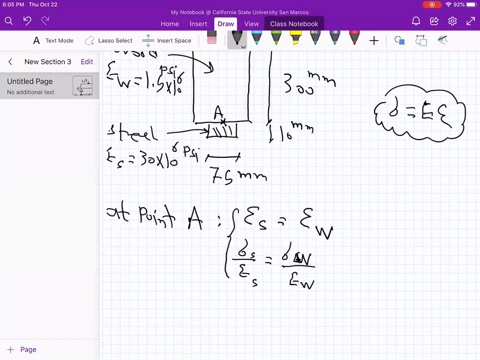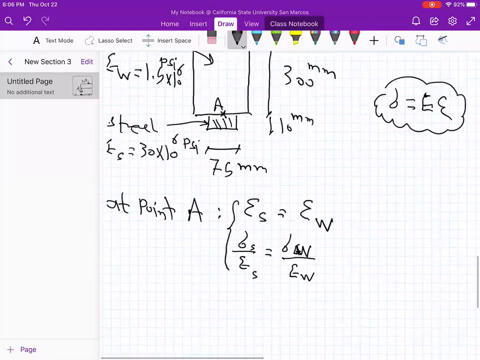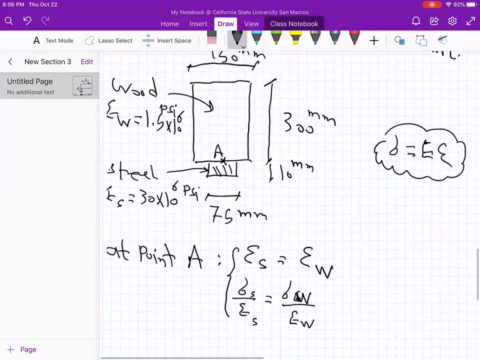The only thing we know is that point A is a common point between steel and wood, which means the strain or deflection at point A applies to both materials, steel and wood. The other thing now: once we have a composite section, we need to find the equivalent material, which means we pick one material.